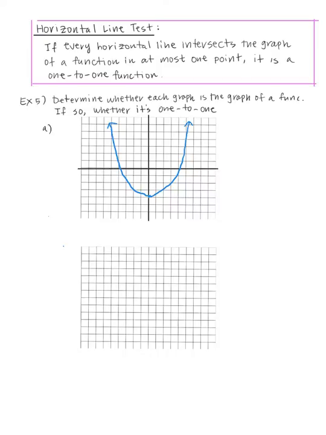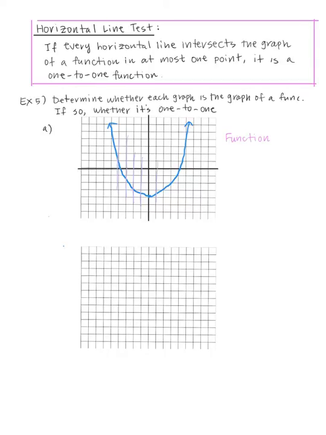Well, if it's a function, it better pass the vertical line test. So does it? I think so, because anywhere you chop this graph off, that vertical line is going to intersect the graph at only one point. So yes, this is a function, because it passes the vertical line test.